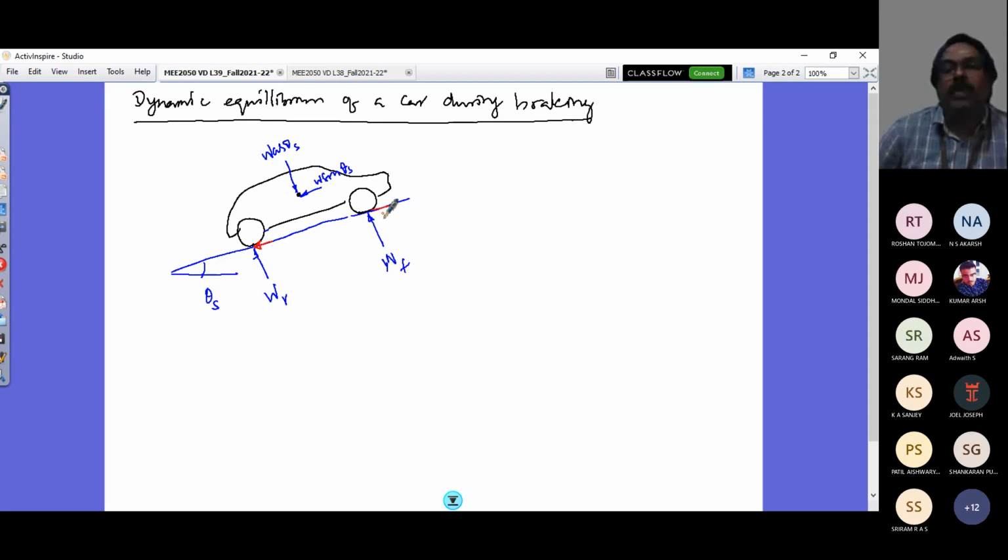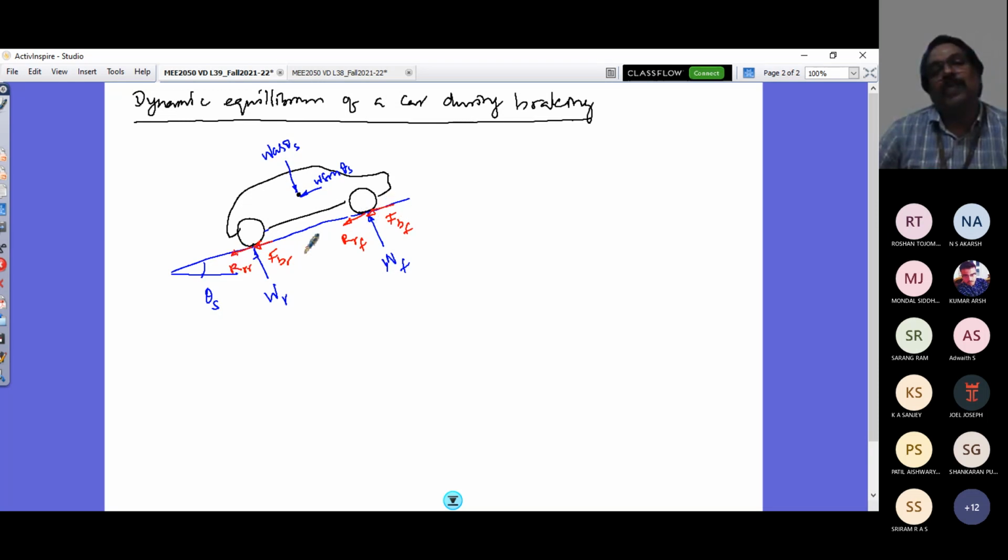So I would have my braking forces, say FBF and FBR, and along with that, of course, we had already looked at the rolling resistance forces RRF and RRR.